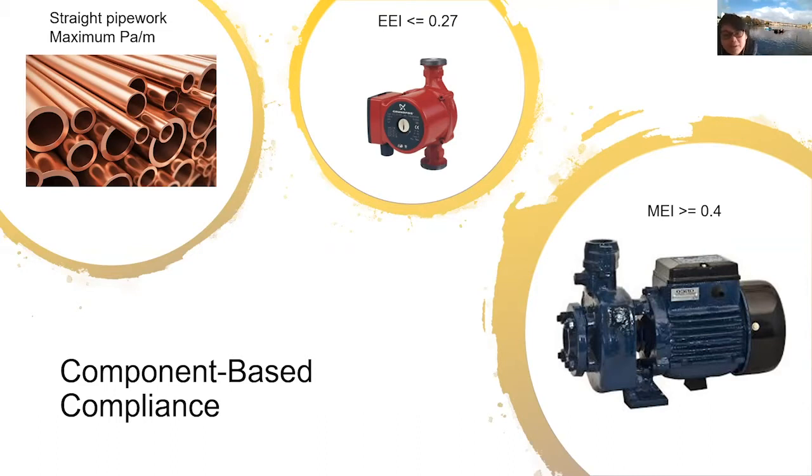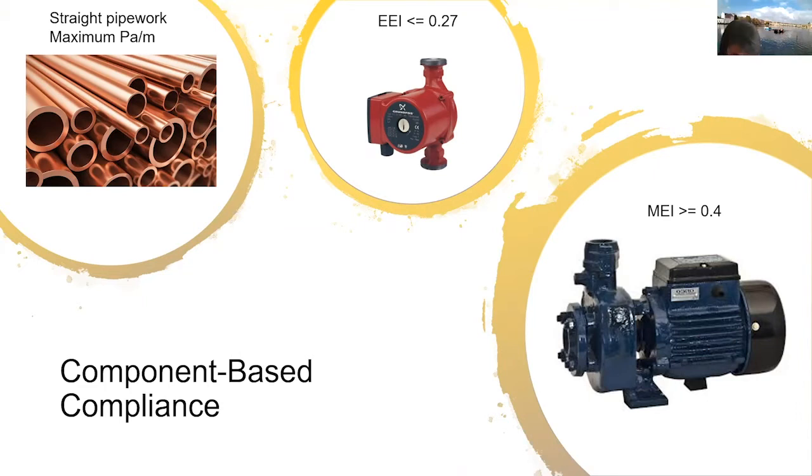The other type of pump that you need to comply with is any pump that is not a circulator pump. If you're not a circulator pump, then your compliance requirement is a minimum efficiency index, or MEI, which is also taken from the European directives, but it's a different document.